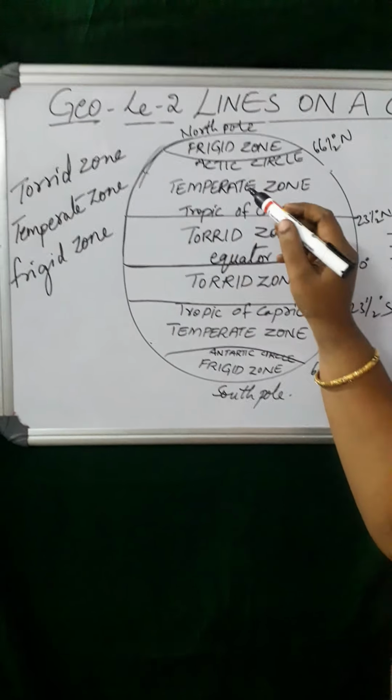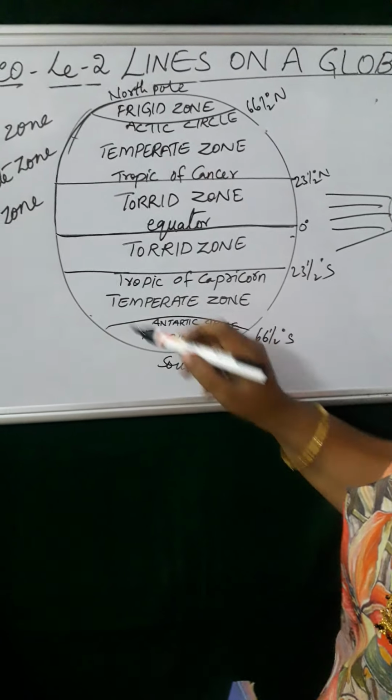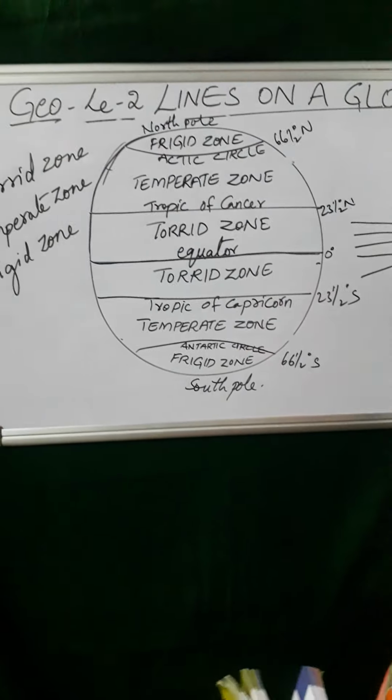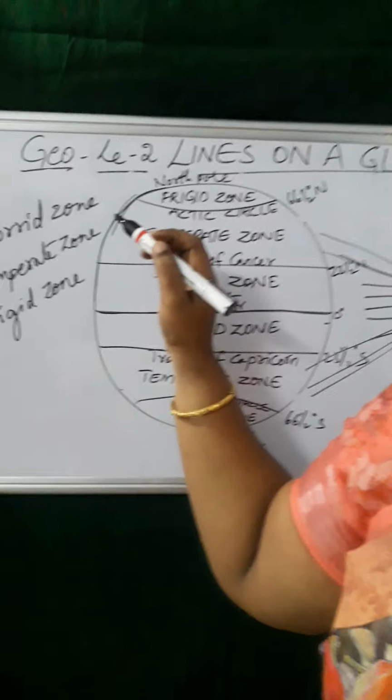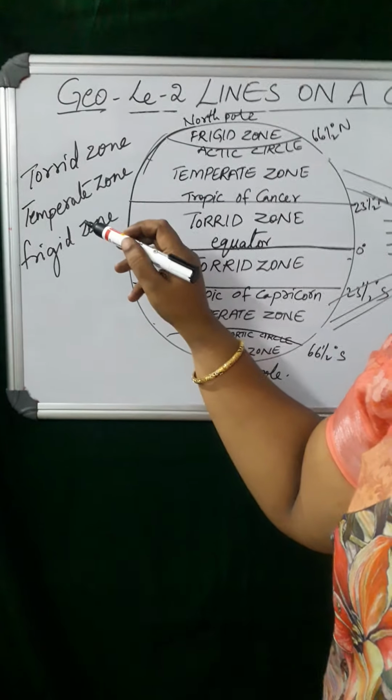These places are the temperate zone. The sun's rays are a little slanting here. You can see the rays of the sun fall a little slanting on these areas. So the places experience a moderate temperature, not too hot and not too cool. So this is about the temperate zone.